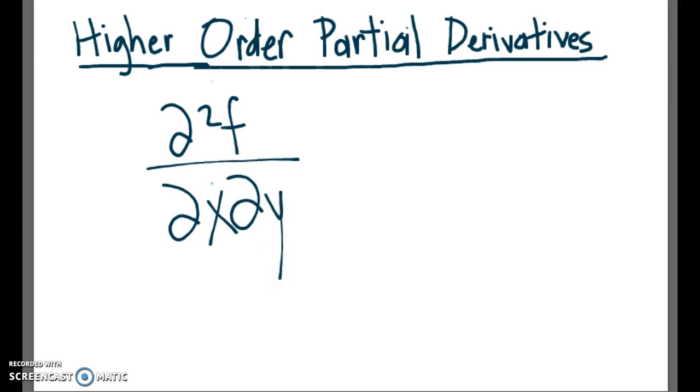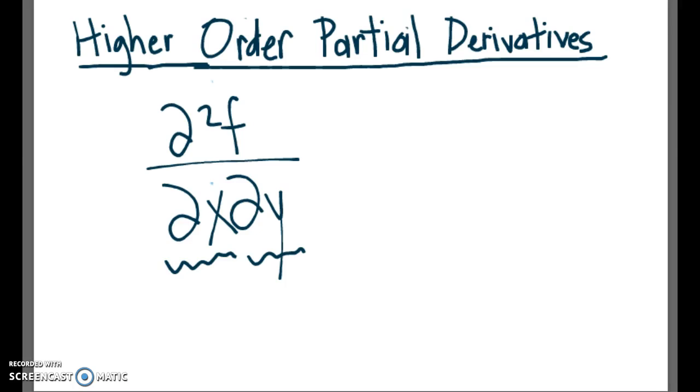Now the order of the variables in this notation means that you'd first take the partial derivative with respect to y, and then the second one, and then you would take the partial derivative with respect to x of that first partial.